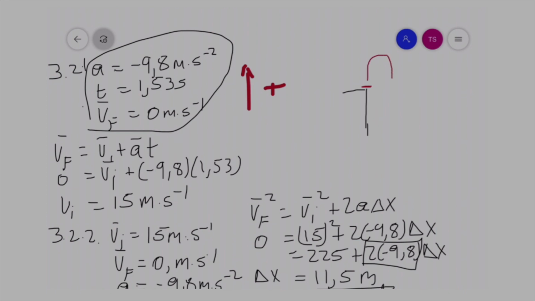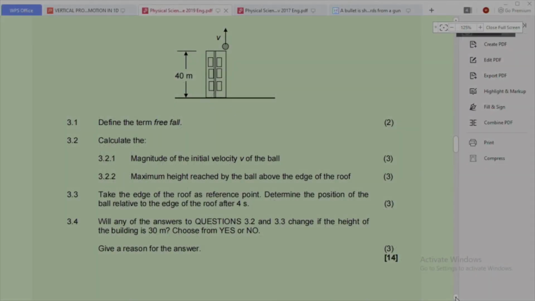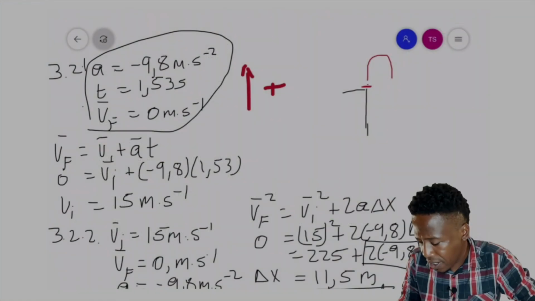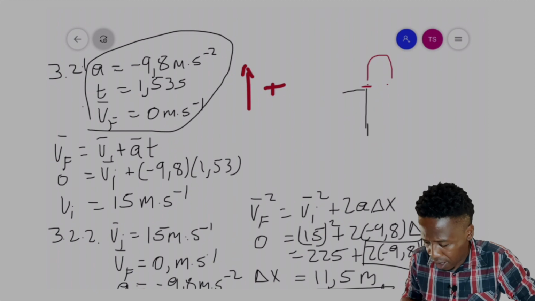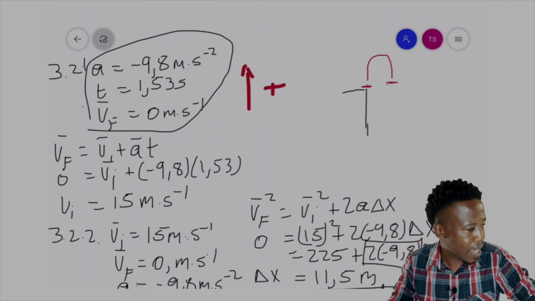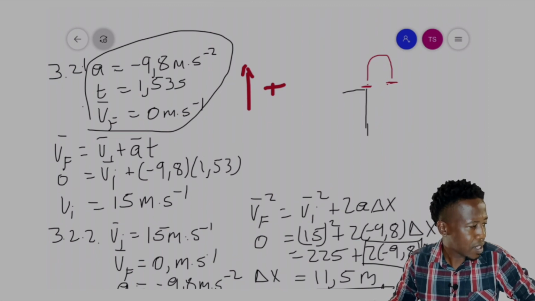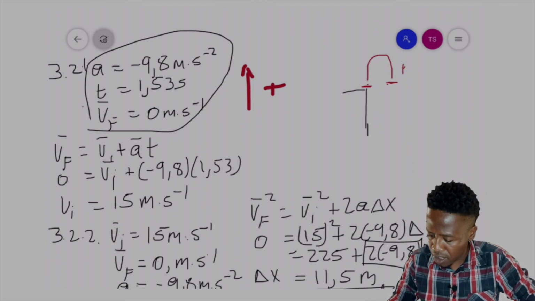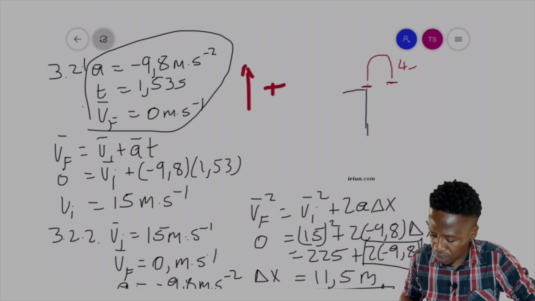What they want us to calculate is actually the position relative to the edge. Relative to the edge is right in line. And then they say it's 4 seconds for the ball to reach that position, which is relative to the edge.